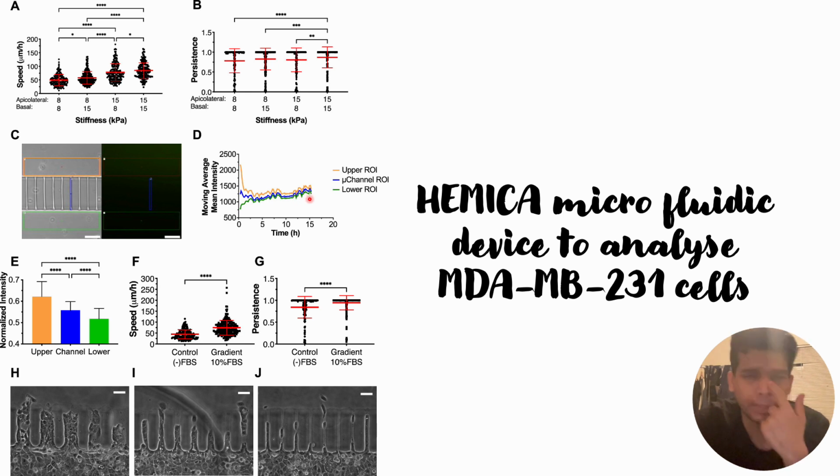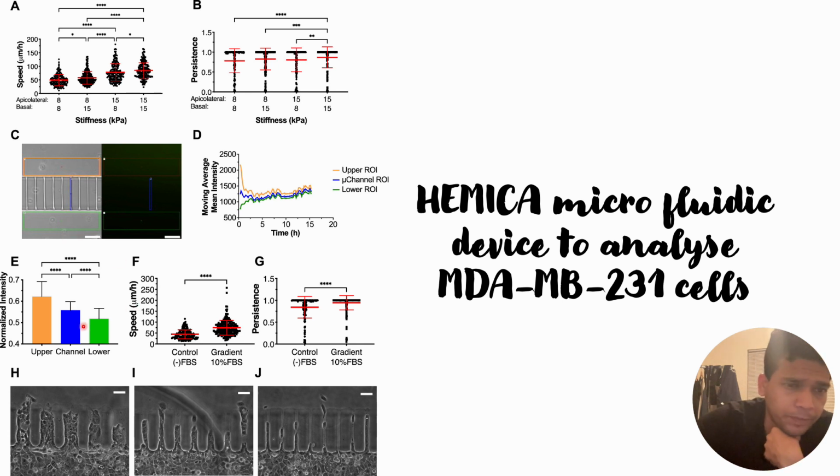However, in general, the speed or velocity after a certain time, around 10 to 15 hours, is almost the same for all the regions of interest, either the upper region of interest, the lower region of interest, or the macrochannel region of interest.